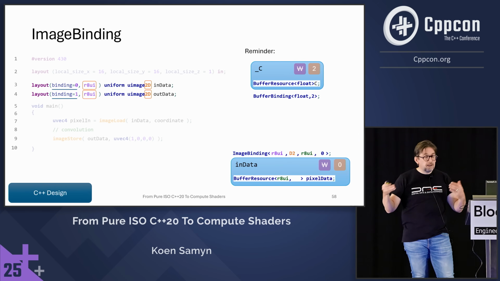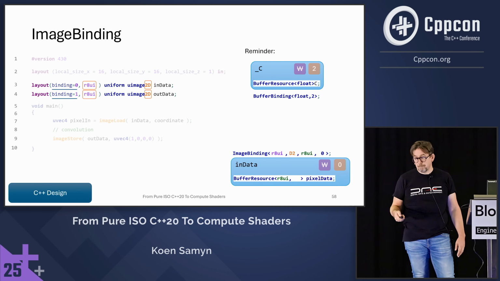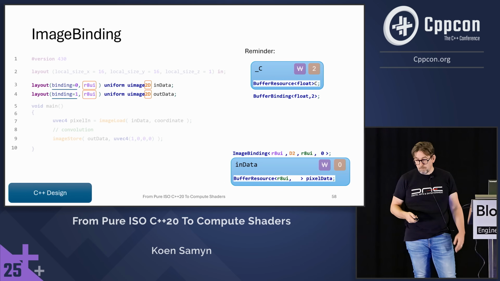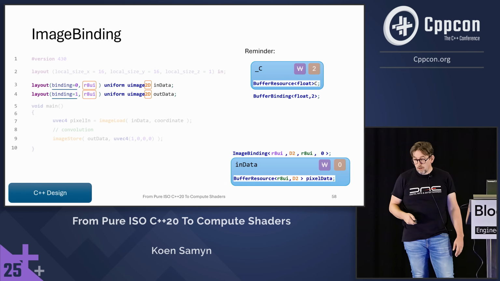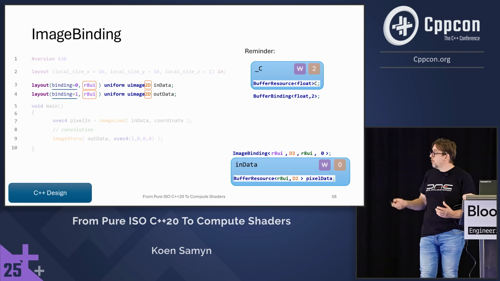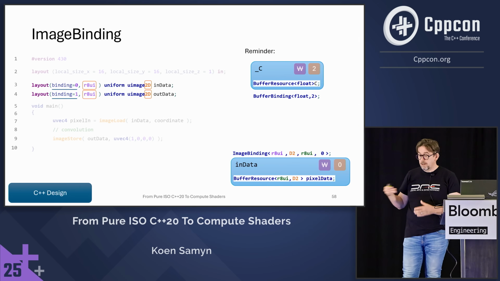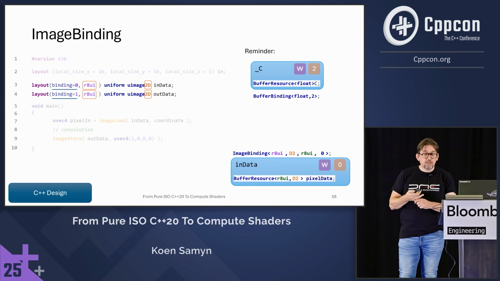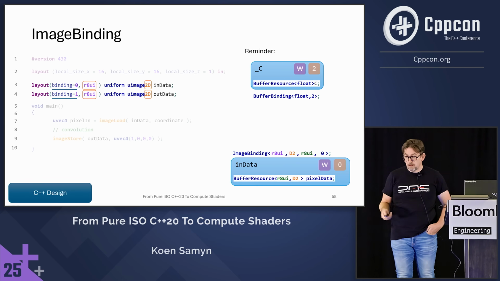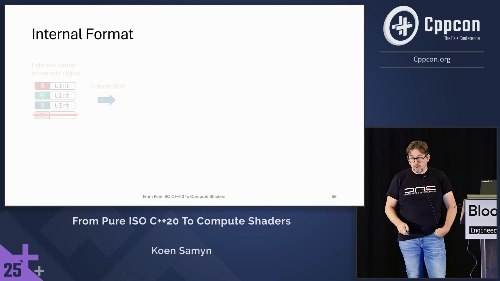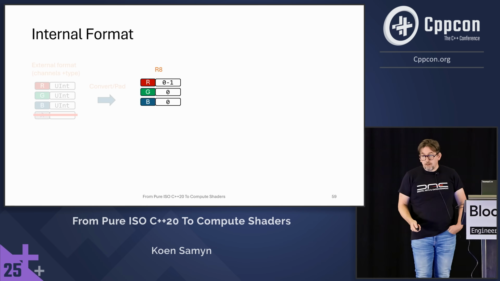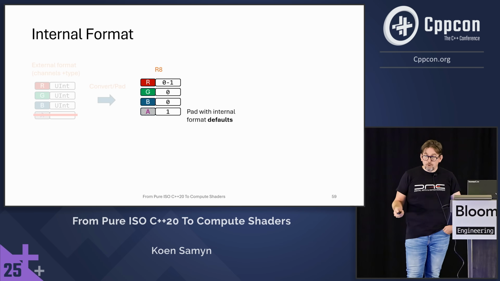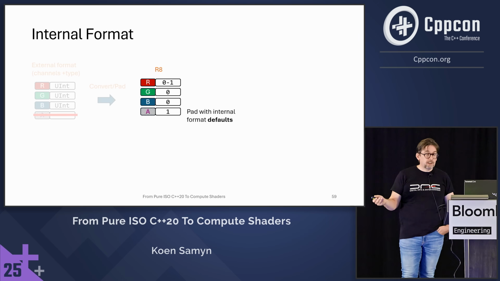They can be the same, but you can mix and match as you want. And of course, the buffer resource has to correspond to the external format and have the same dimension as the image binding itself. All right. So we have, for example, our internal format.